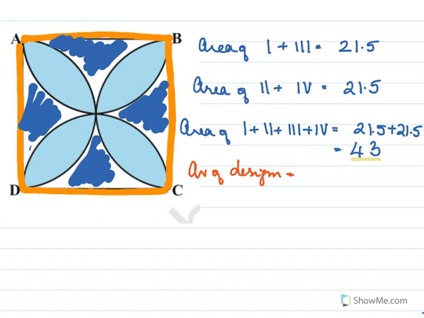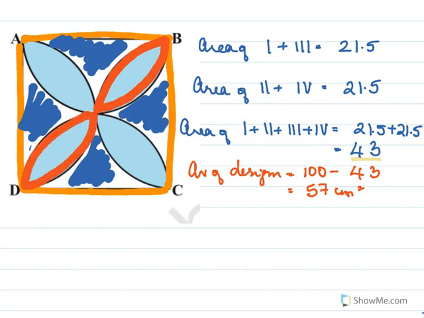So area of the square we already have found earlier, and that was 100, because this side was 10. So this was 100 here, and area of this blue region we found was 43. So here it will be 57 centimeter square. So this area is, total area is 57 centimeter square.